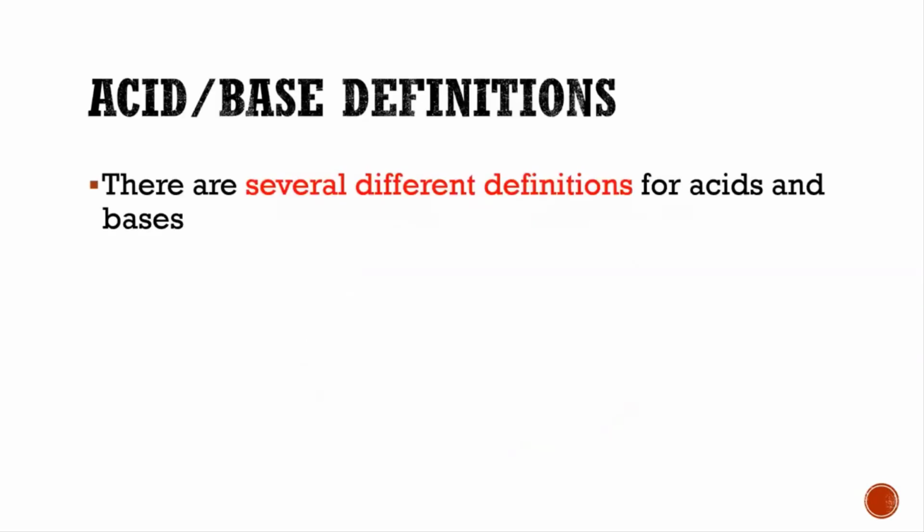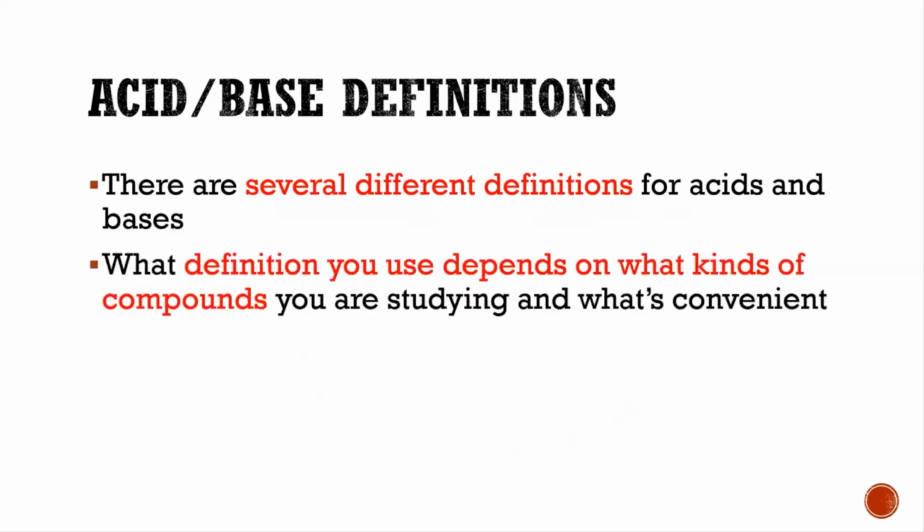So there are several definitions for acids and bases. And we've slowly been exploring these definitions. We did when we went in chapter 6 with chemical reactions, and we were discussing double displacement reactions, one of the double displacements being neutralizations. So what definition you use really depends on what you're studying.